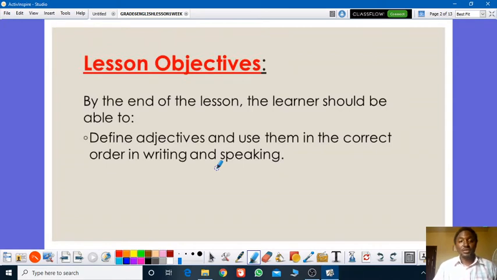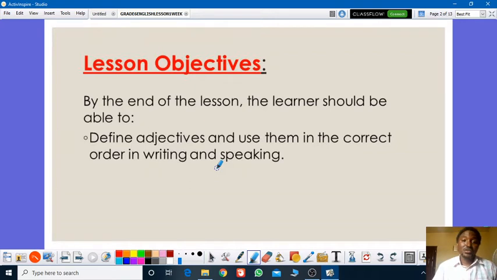By the end of the lesson, you should be able to define adjectives. Actually, that is a recap because we have done that before. And also you should be able to use the adjectives in the correct order. At times we have to use more than one adjective to describe one noun or one pronoun.